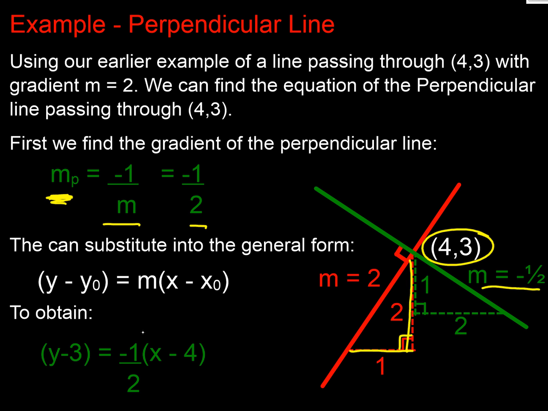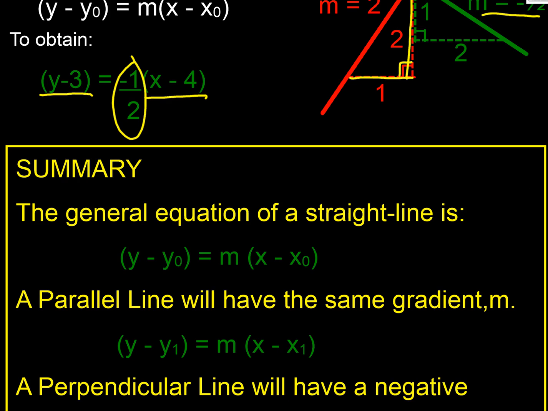We can immediately drop that into this generalized form at the bottom. So our gradient is now -1 over 2, and then we just find our two brackets. The base of any triangle we're building on our new line is x - 4, and the vertical is y - 3, and therefore again we've got a very simple form of the equation very quickly.